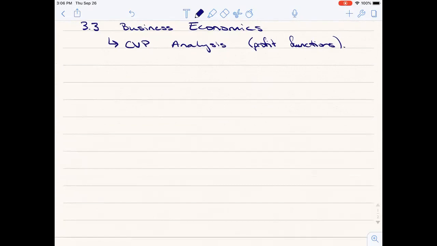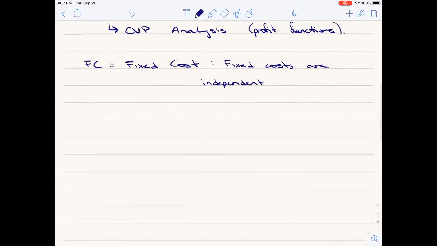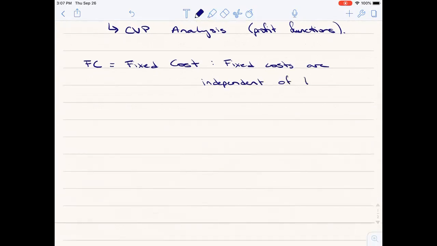Okay, so FC is the fixed cost, which you might have guessed. And I'll just make a little note here that the fixed costs are independent of the amount of output.